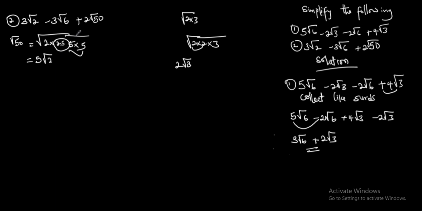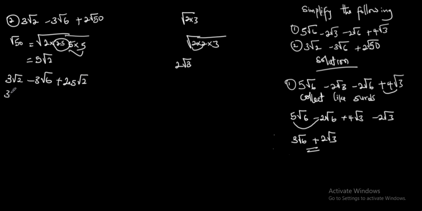So instead of having the question written like this, we can rewrite the question as 3 root 2 minus 3 root 6, then plus, remember, we have 2 first, then root 50 is 5 root 2, so 2 times 5 is 10.